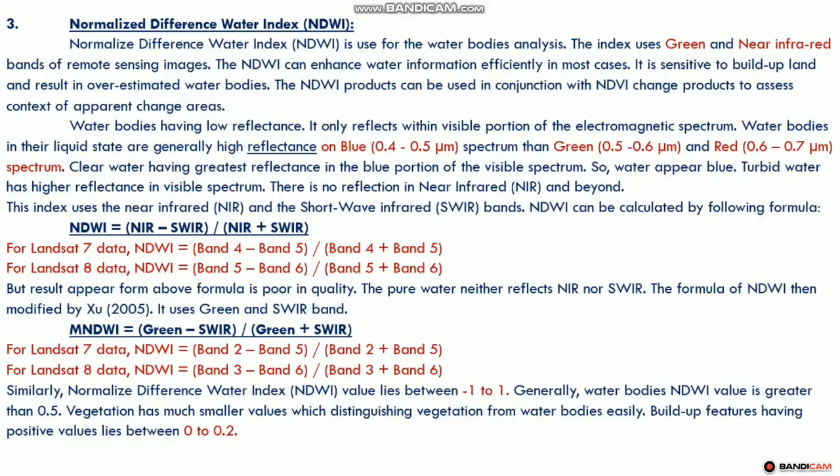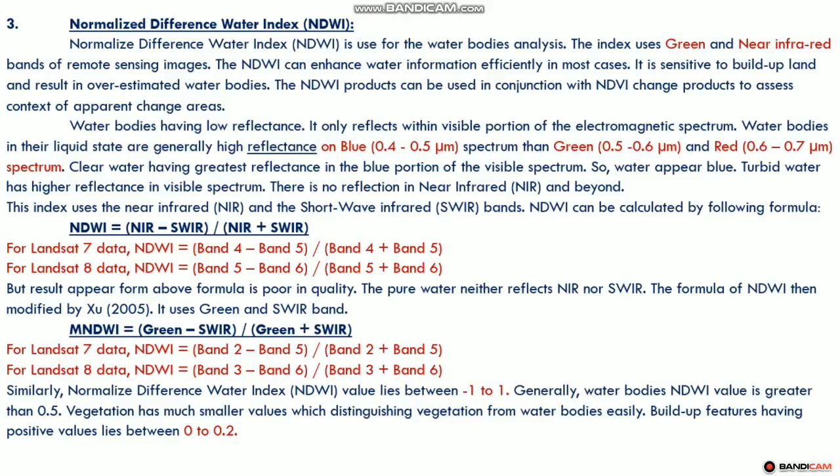Now for Landsat 7 we use band 4 and band 5, and we take the ratio of the difference to the sum, while for Landsat 8 we use band 5 and band 6 to compute the water index.